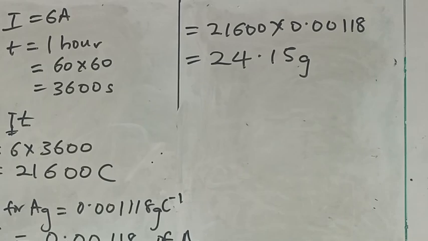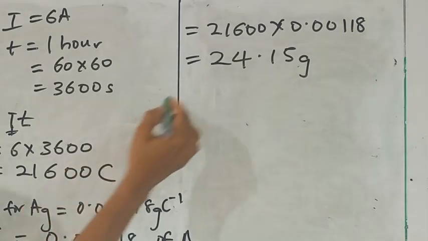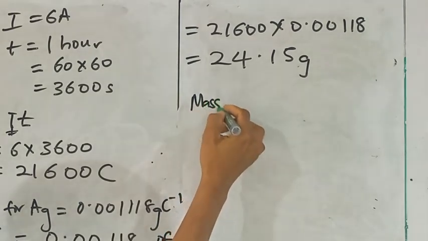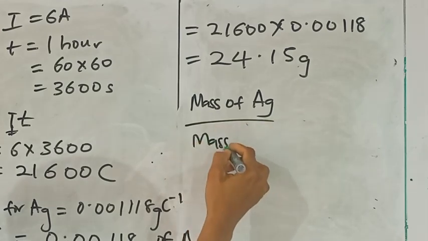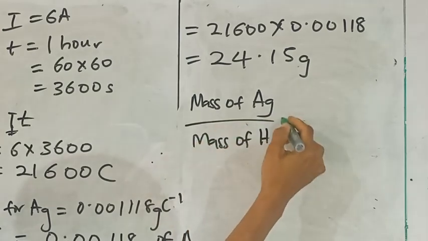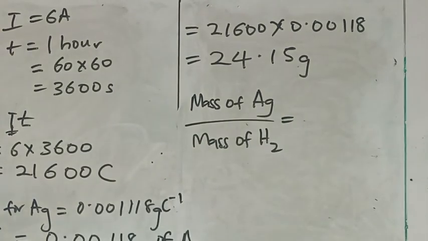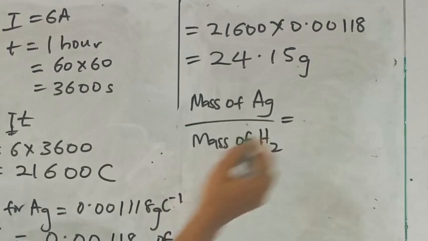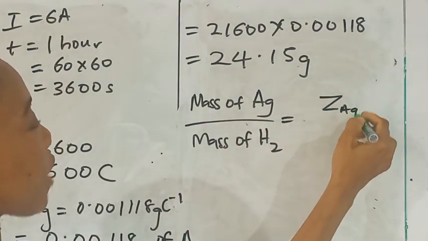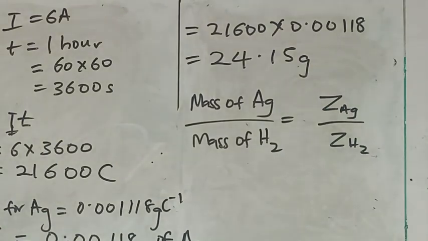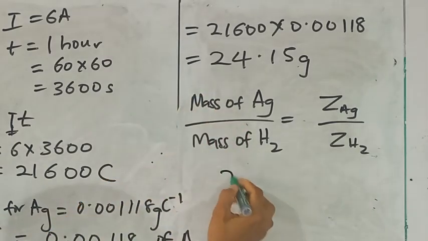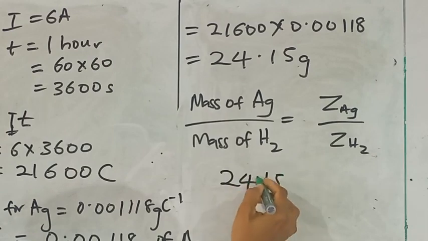So we'll say mass of silver over mass of hydrogen will be equal to the chemical equivalent of silver over the chemical equivalent of hydrogen. Mass of silver, we calculated it as 24.15.